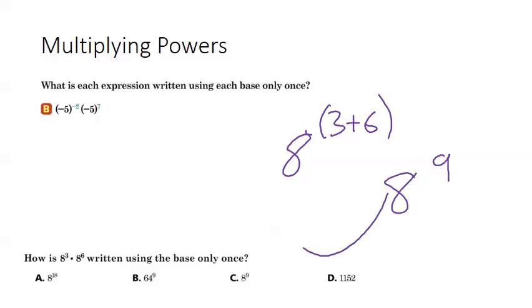Now, they try to trick you. If you see this in a problem and they have a number here, don't automatically think it's the number, because it's definitely not the number. So, there we go. That's it.